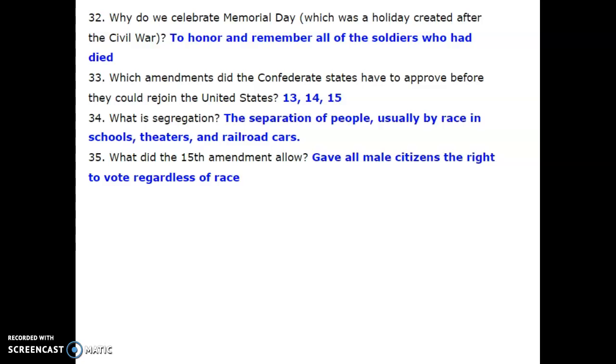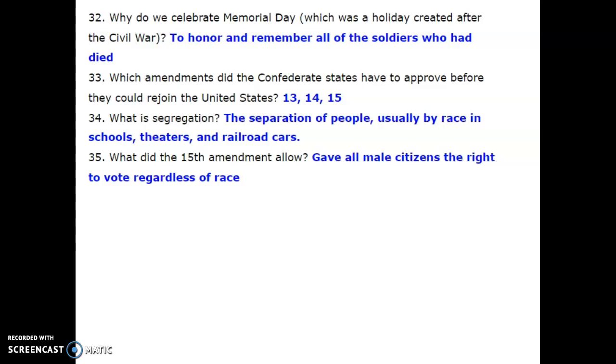Another form of separating blacks and whites in society was created, called segregation, and so that will go on for another 100 years or so, really until Martin Luther King and Rosa Parks address that issue in the 1950s and 1960s.